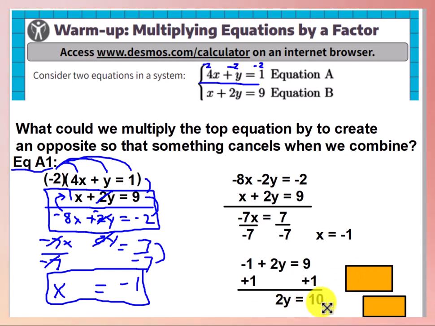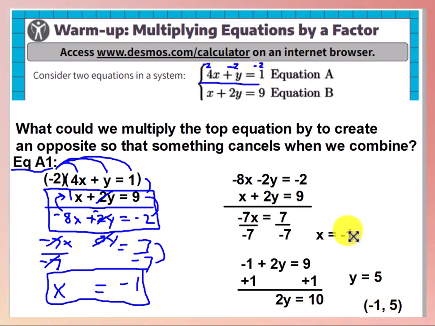Divide both sides by 2. And what is 10 divided by 2? 10 divided by 2 is 5. Okay, so we have our x is negative 1. We're going to put it here in our coordinate pair. And y is 5. We're going to place it in that second place where the y coordinate goes.